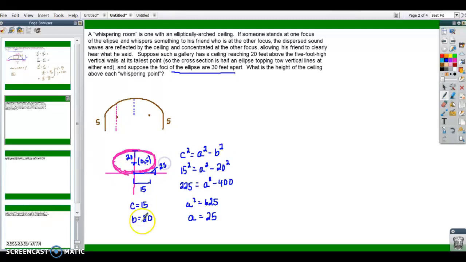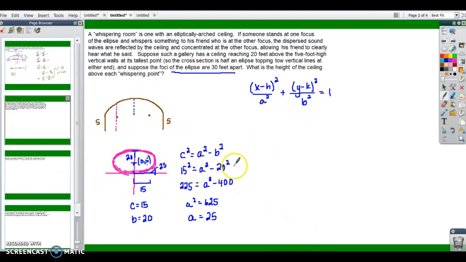Okay, so I know what b is, I know what a is, I know what the center is, so I can go ahead and write the equation of my ellipse. Remember, I'm using the form (x minus h) squared over a squared, because this is a left-right ellipse, plus (y minus k) squared over b squared is 1. And I can go ahead and plug in the values that I know.